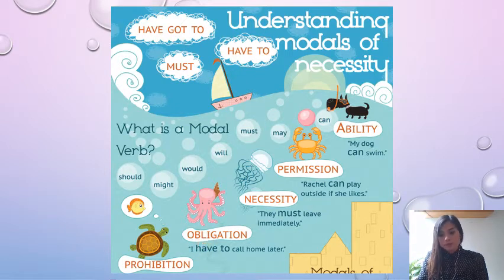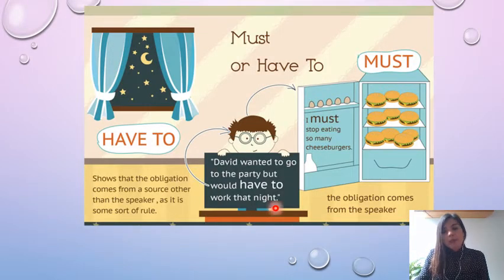Well, let's continue. The first two modal verbs that we are going to talk about are must and have to. Must is in affirmative sentence. In negative sentence is going to be mustn't, M-U-S-T-N-T, okay?